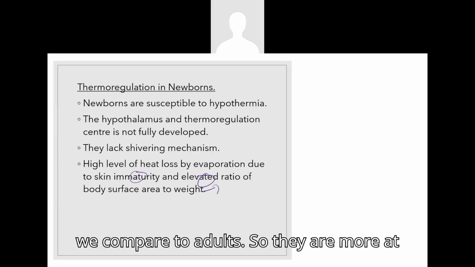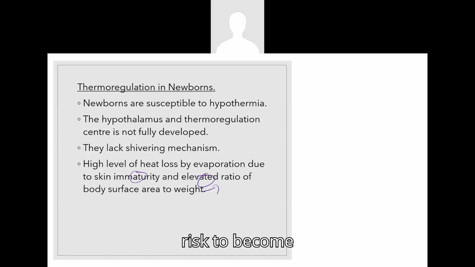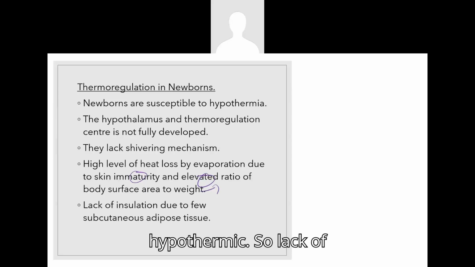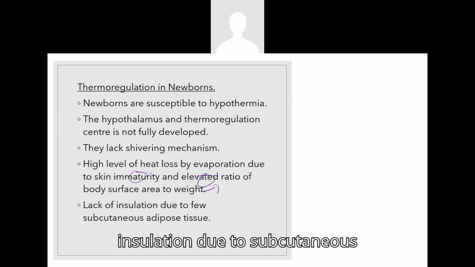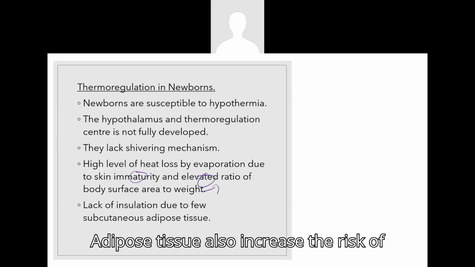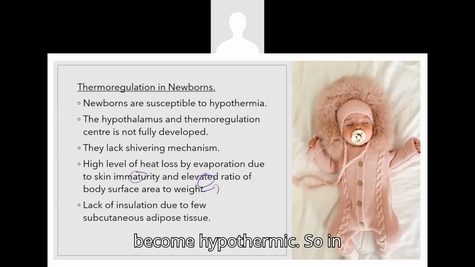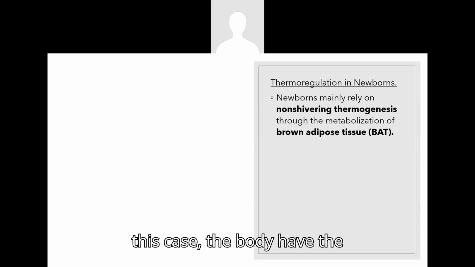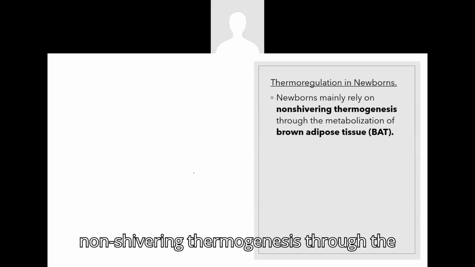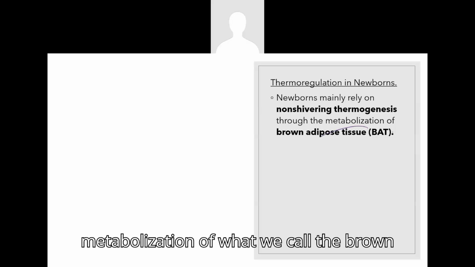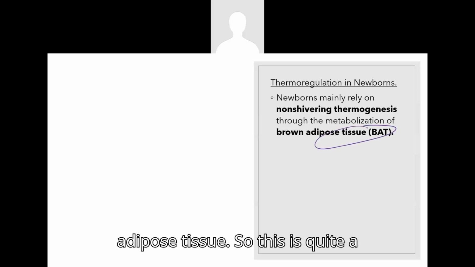So they are more at risk to become hypothermic. So lack of insulation due to subcutaneous adipose tissue also increases the risk of becoming hypothermic. So in this case, the body has the non-shivering thermogenesis through the metabolization of what we call the brown adipose tissue.